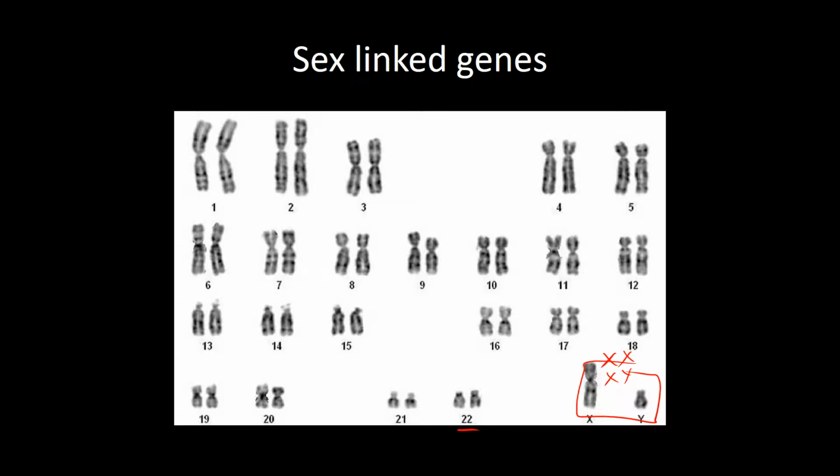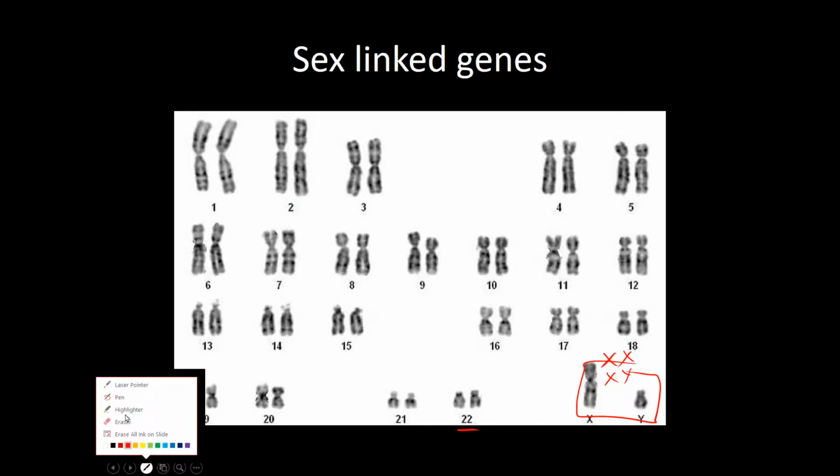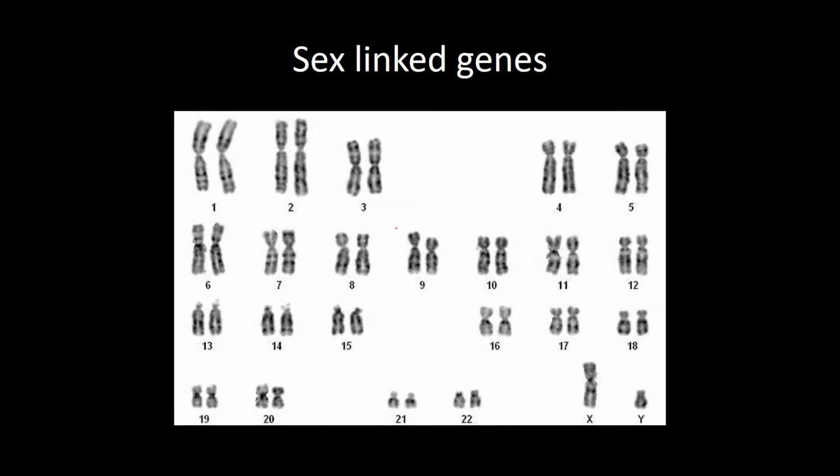So this last pair here, you'll see, is not really like all the other pairs, which are all the same size and shape. With this final pair, the X chromosome is actually quite a bit bigger than the Y chromosome. This means that the X chromosome has more genes on it than the Y does, and also they're not all the same genes.